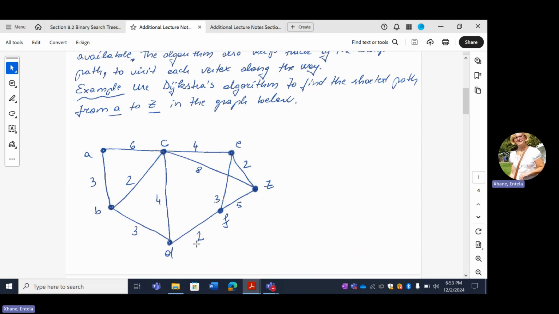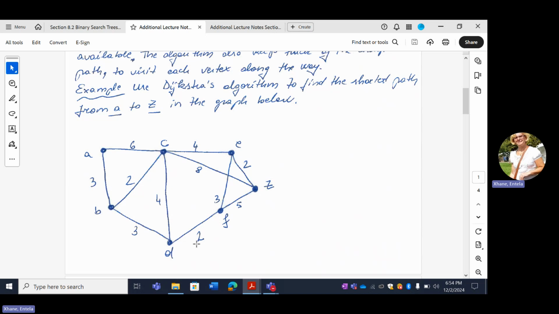So how do I start? You rely on what we call the visits as you transition from one vertex to the other. Now, the first vertex that we do not include in the table representing the visits is going to be vertex A, because that's our starting point. The visits are going to create a table, which we refer to as the visit list.